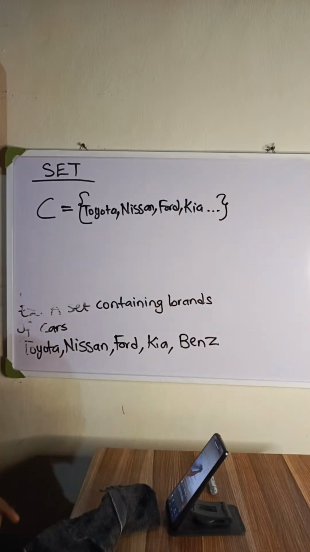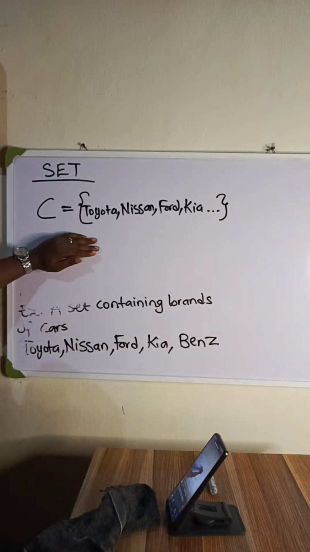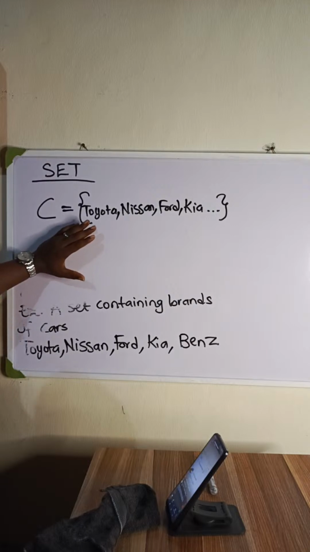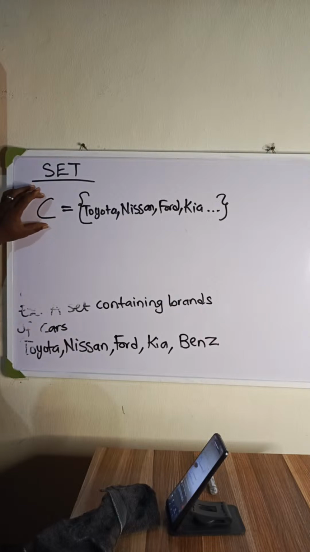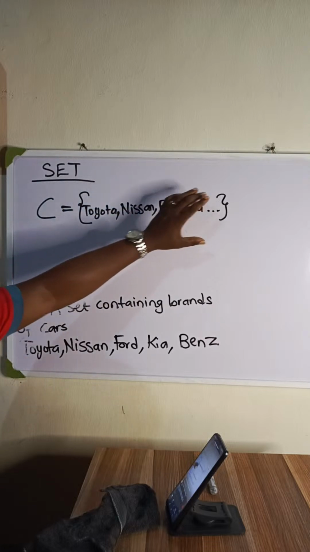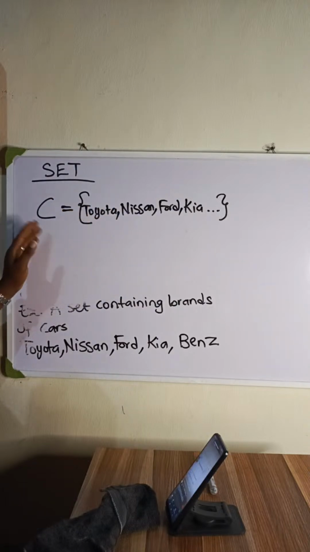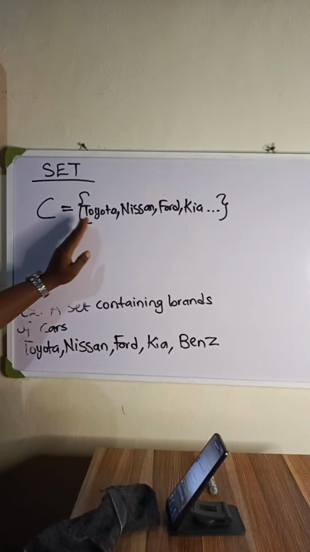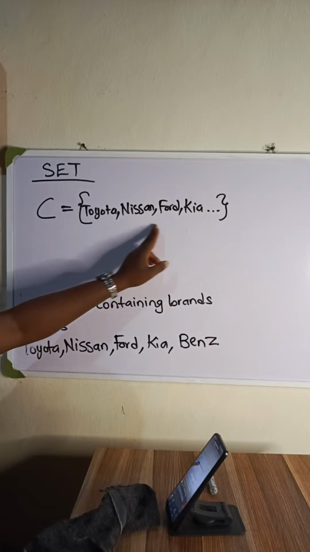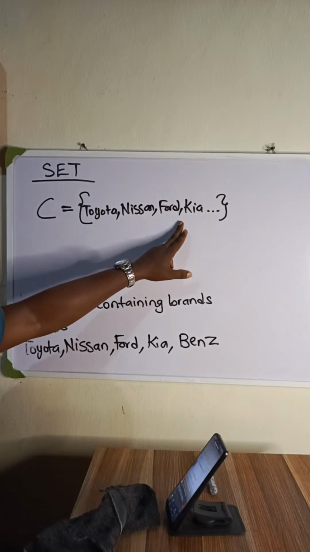Whenever you write in this form, you have written a set notation. This is a representation of all the values that are in this particular set. So C is equal to the set containing all these brands of cars.